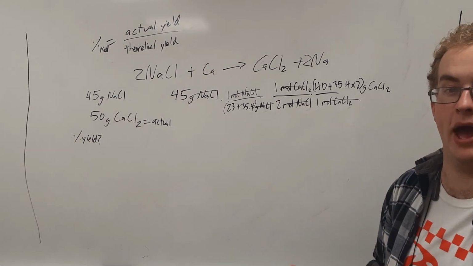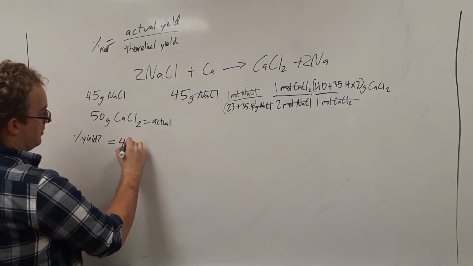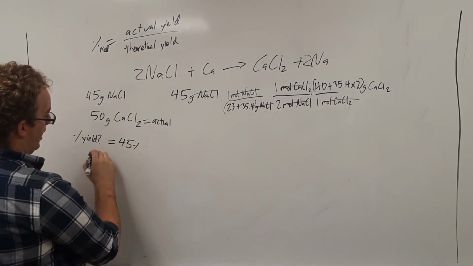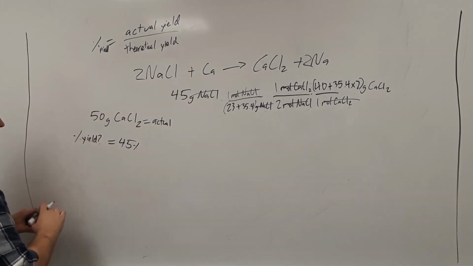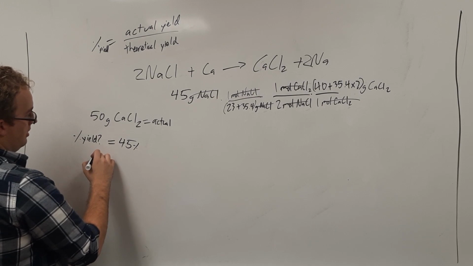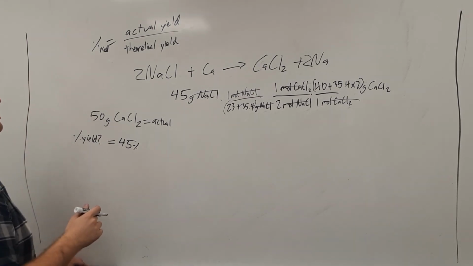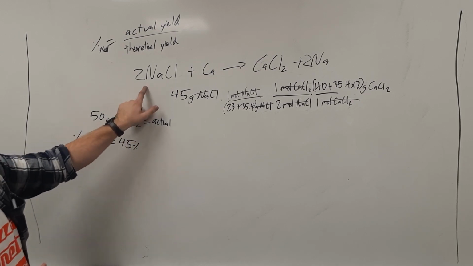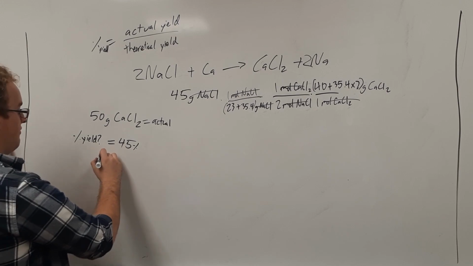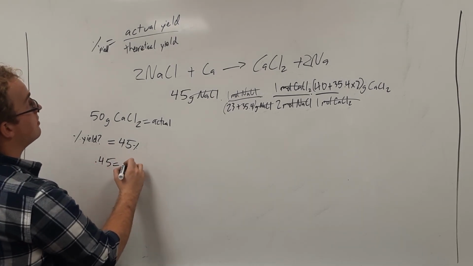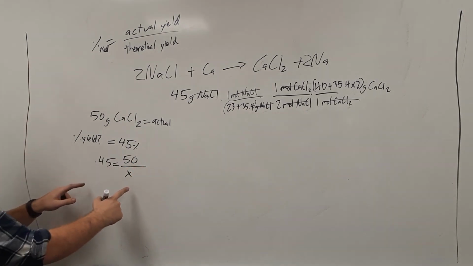In theory, we could work backwards, right? If somebody said our percent yield was 45%, and our actual yield was 50 grams, and our theoretical yield was, actually, I'm not even going to tell you the theoretical yield. You could, in fact, work back and start to see how much product you started with. So you could say 0.45 equals 50 divided by x, our theoretical yield.